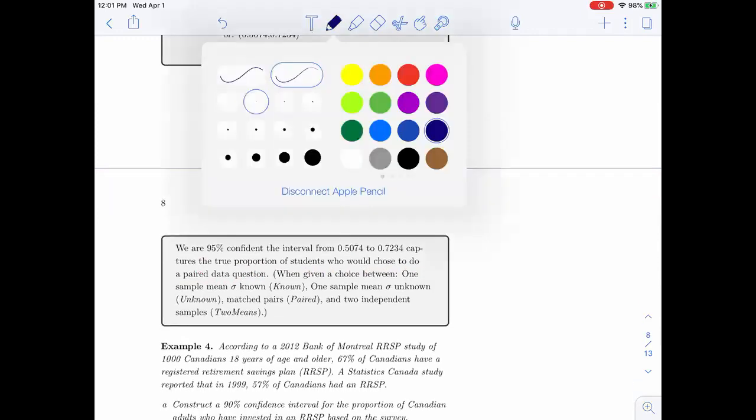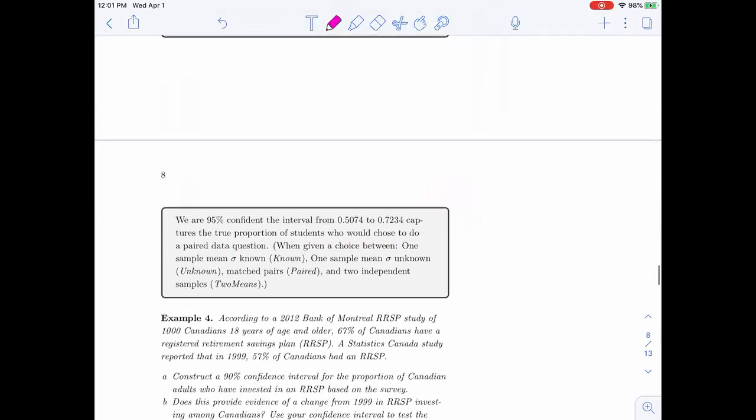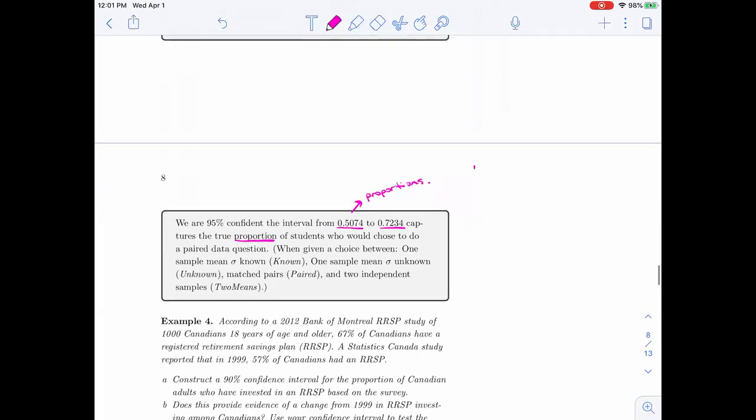So here, what's important is that because we're talking about proportions, these have to be proportions, right? Whereas we could use 50.74% to 72.34%, right?